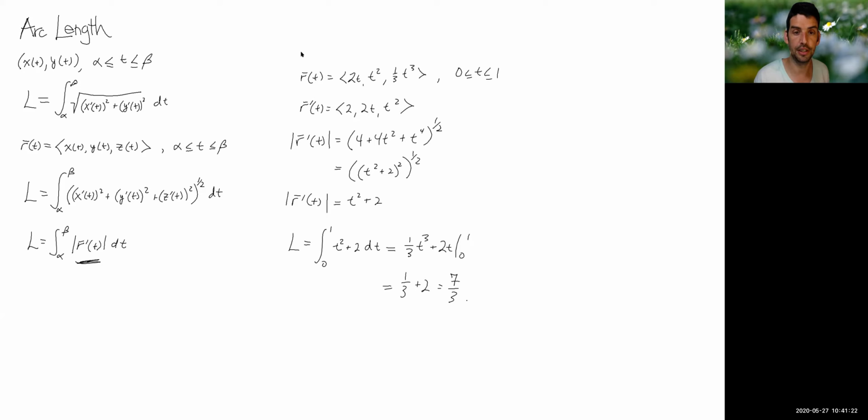I'll call it P, and I'll use P of u, and I'm going to do u to the 1/2, u over 4, and 1 over 24 u to the 3/2, and I'm going to take this over the interval u goes from 0 to 4. Okay.